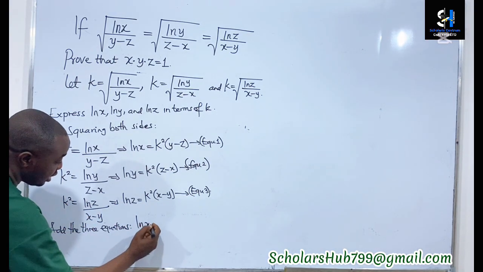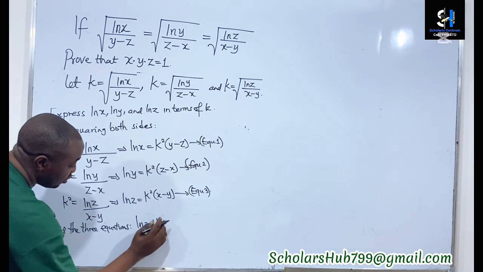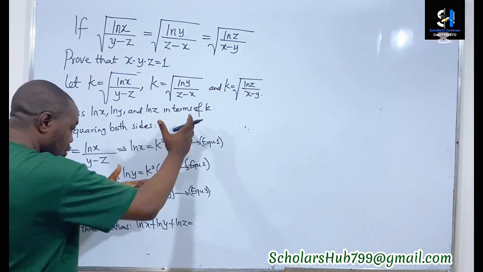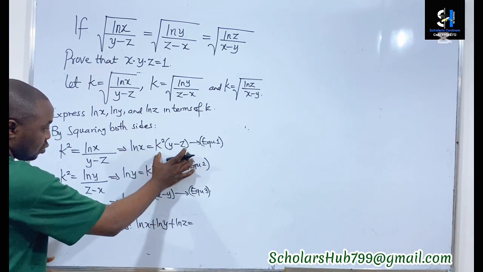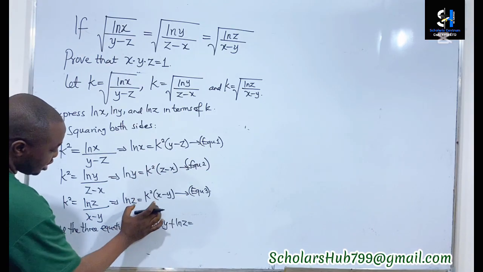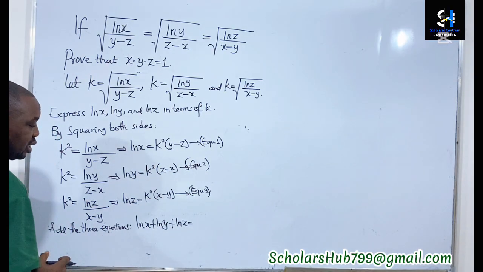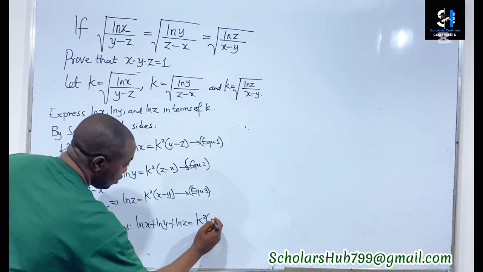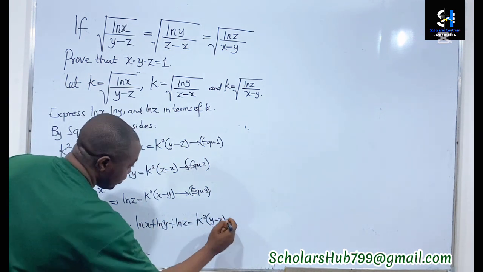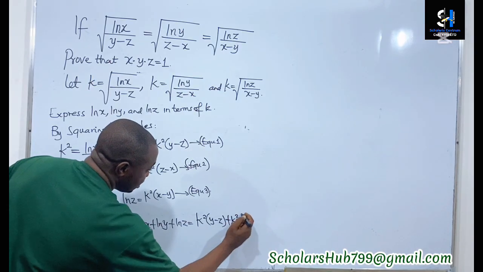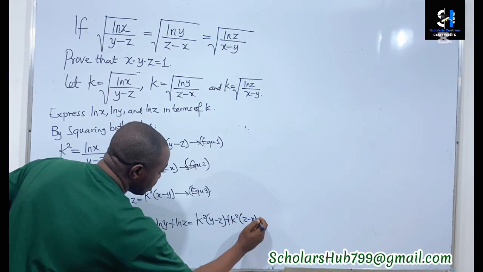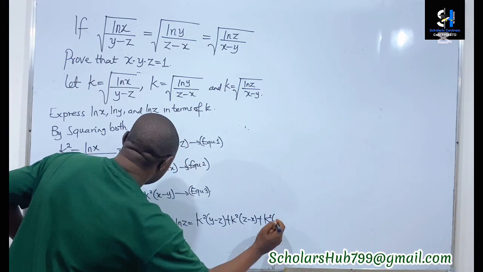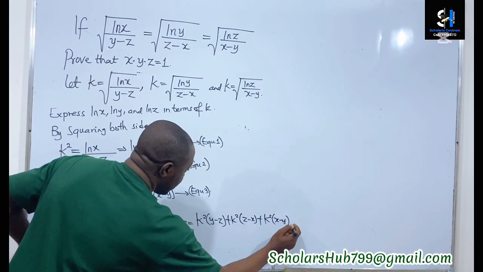So we have ln x plus ln y plus ln z equals, then we add k squared y minus z, k squared z minus x, k squared x minus y on the right hand side. So we have k squared bracket y minus z plus k squared bracket z minus x plus k squared bracket x minus y.